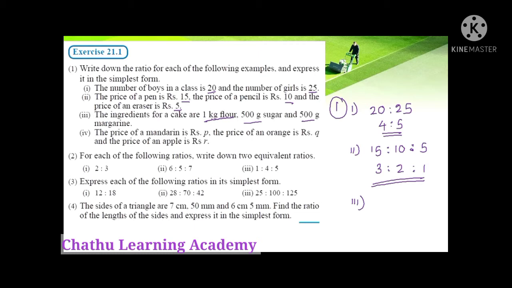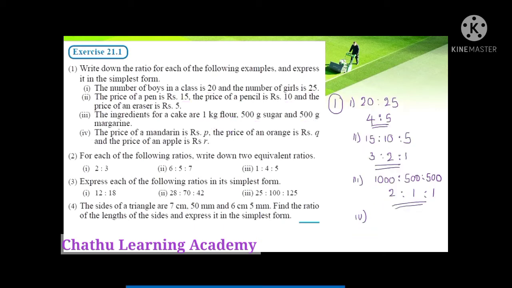We can convert amount of flour into gram as 1000 gram. Then ratio is 1000 to 500 to 500. Then here HCF is equal 500. Then this is the simplest form.